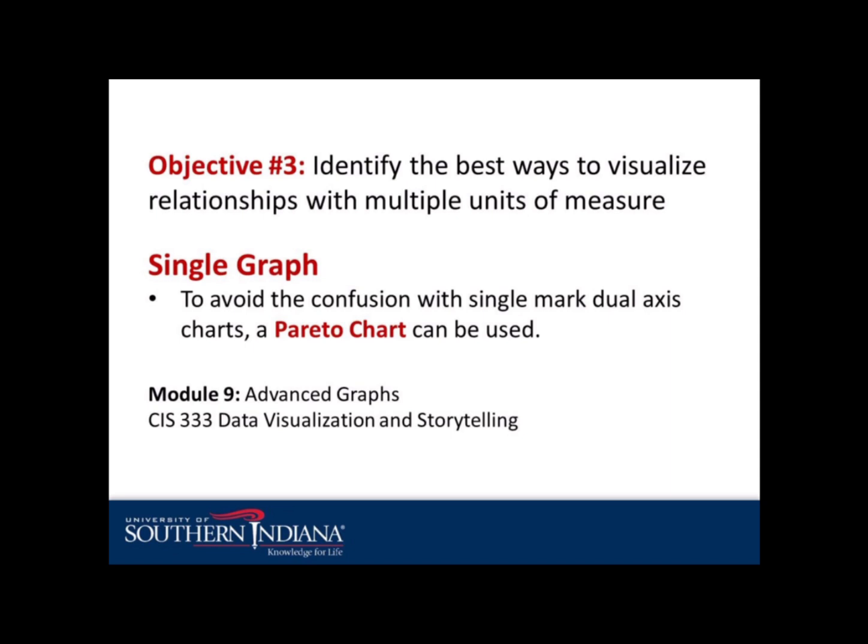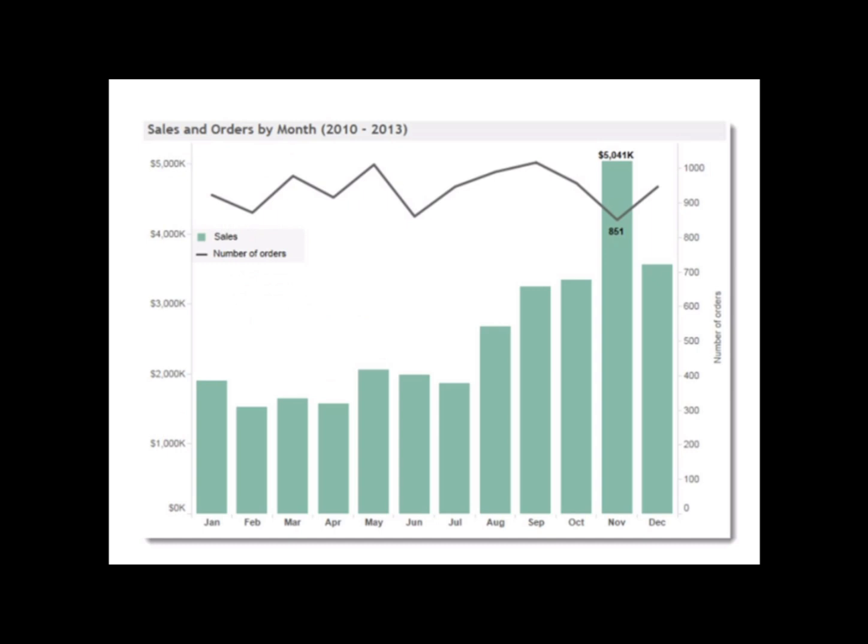So to avoid that confusion, you can do something called a Pareto chart. And this is what a Pareto chart looks like. Basically, it's the same thing, except you're using one type of mark to represent your values on your first y-axis, and another type of mark to represent the values on your second y-axis.